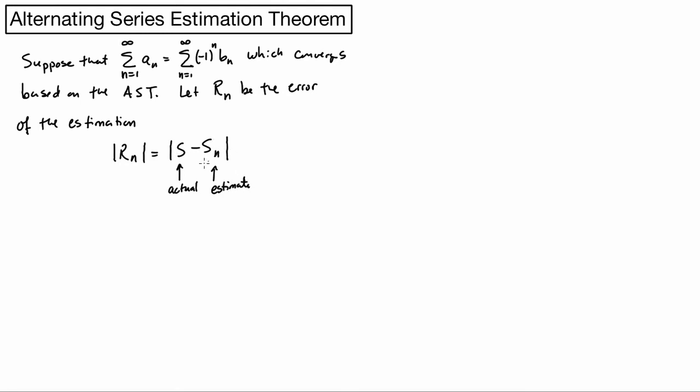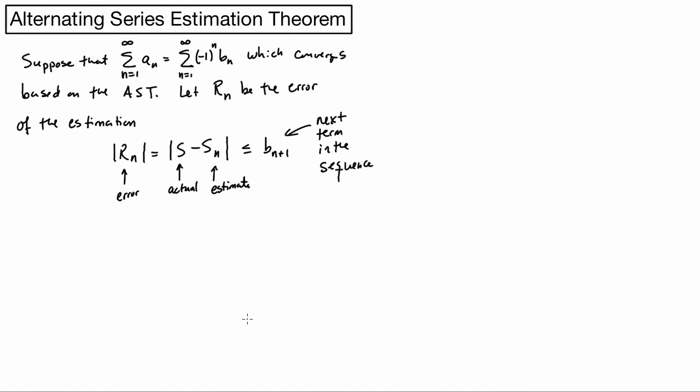How far off the actual value you are based on your estimate is the error. Here's what the alternating series estimation theorem says. The size of this error is less than or equal to the next term in the sequence.